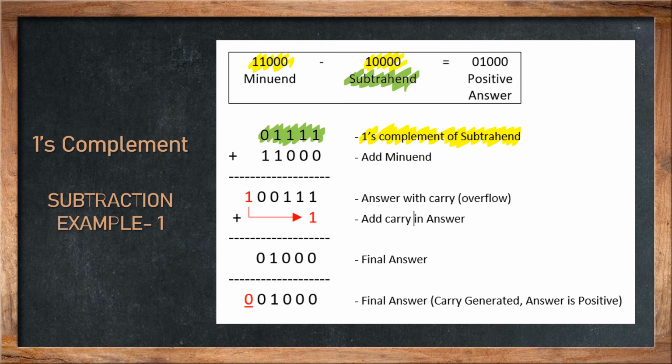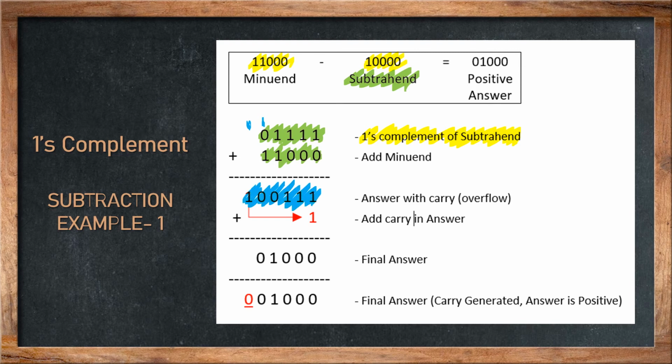Now the next rule says add the minuend to the ones complement, and my minuend is 11000. So let's add this minuend to the ones complement. 1 plus 1 is 0 with a carry, and so on, and in the end I'll have a carry.